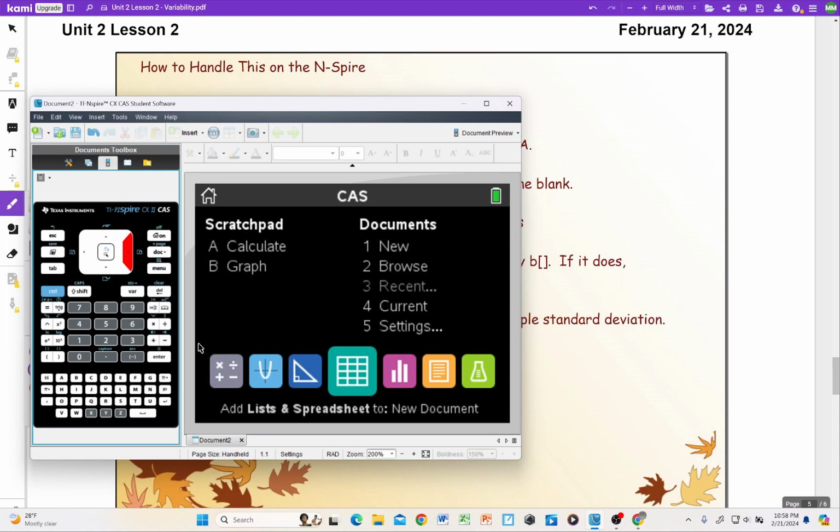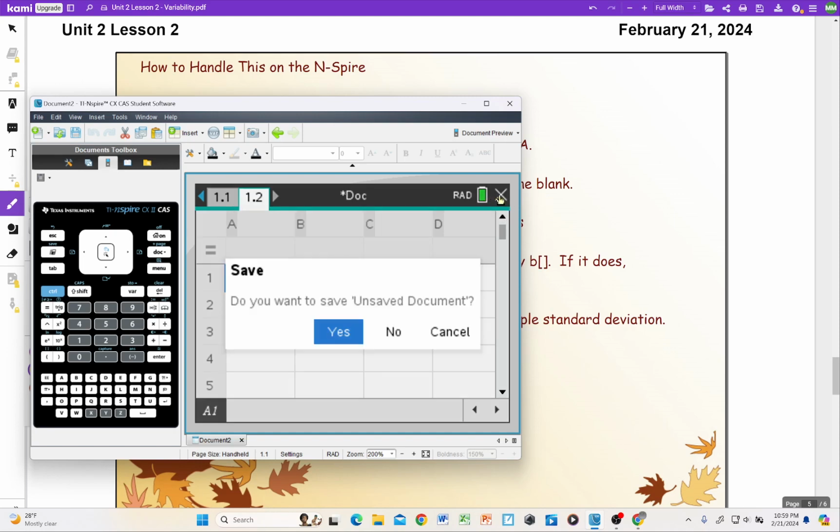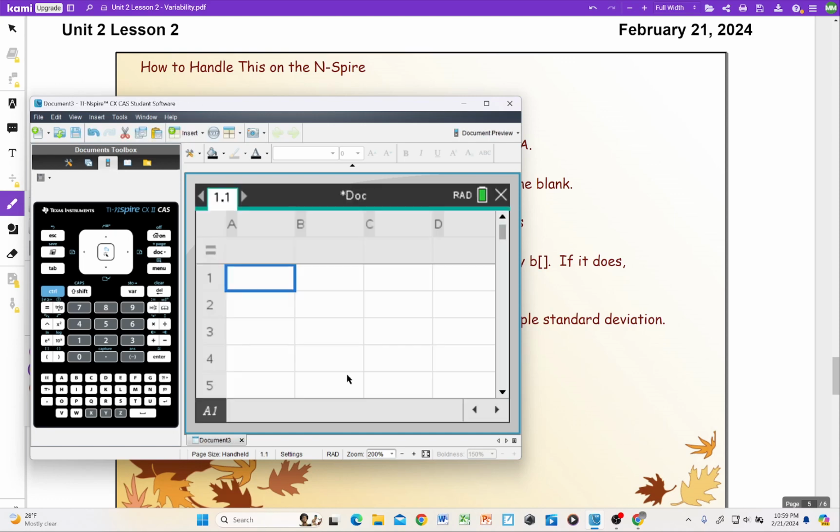It's this middle button here. It looks teal, and it looks like a Google sheet actually. What that does is add a spreadsheet to your sheet. Now, in my case, we have a 1.1 and 1.2. Let's delete that so you see what it looks like from your perspective. Add lists and spreadsheet, and you should see something like this, 1.1. If you see a 1.2, that's okay.